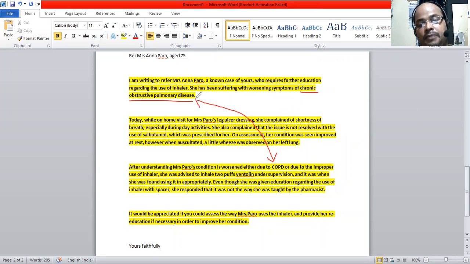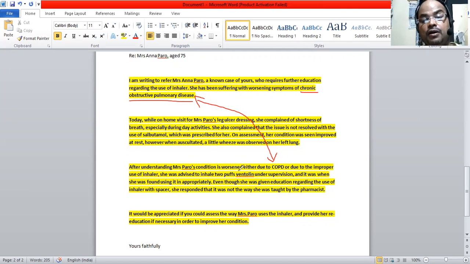You are not writing this letter to a non-medical professional, so there is no problem in writing COPD. That is a universal abbreviation, used everywhere in the world, right?